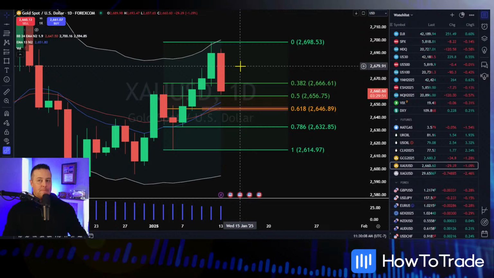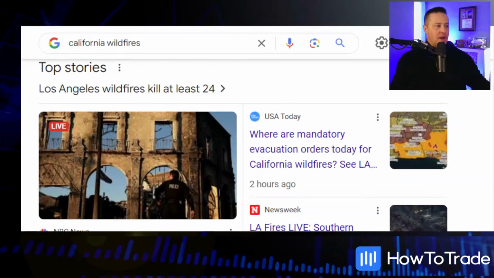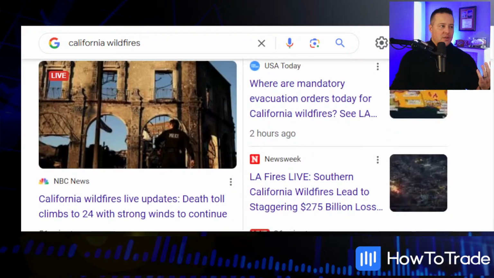A couple other things we have to cover that's not real great, but we got to cover it because potentially I could see a major issue here setting up in the insurance markets. This is going to be probably one of the biggest financial disasters, I believe, of all time. I think that these wildfires in LA, there's no question that it's an incredible disaster.